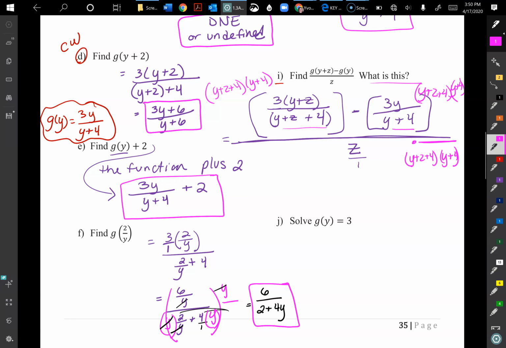So now we're going to simplify. So y plus 4 and y plus 4 will reduce. y plus z plus 4 reduces there.